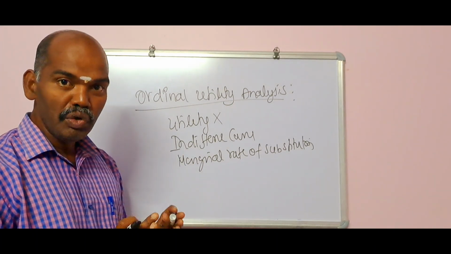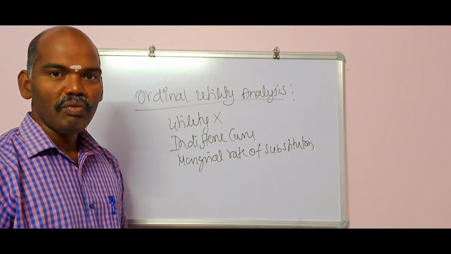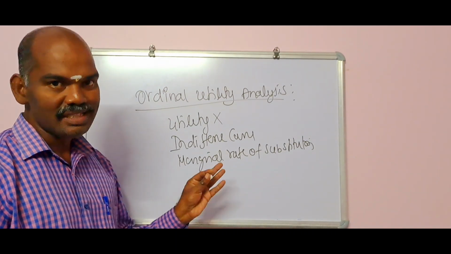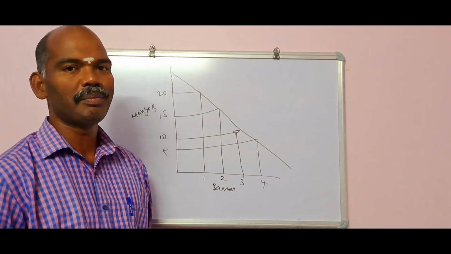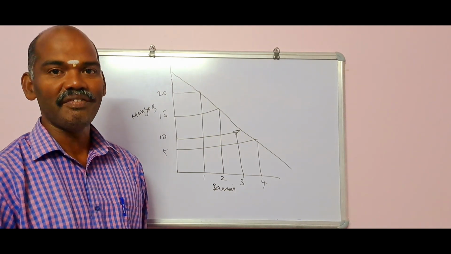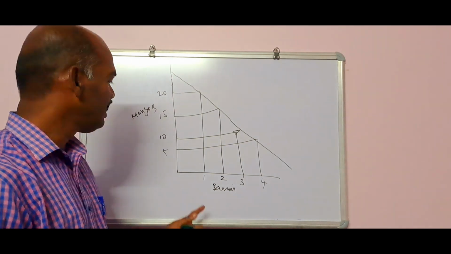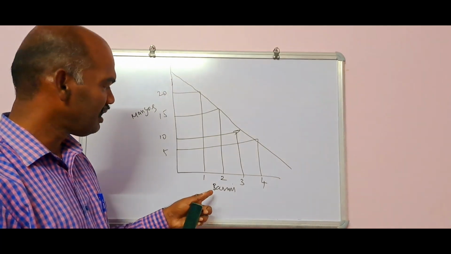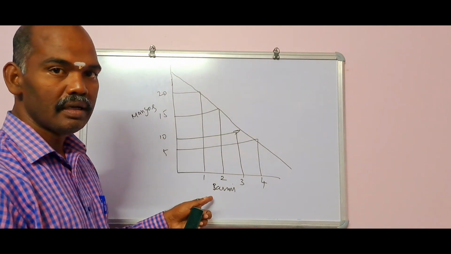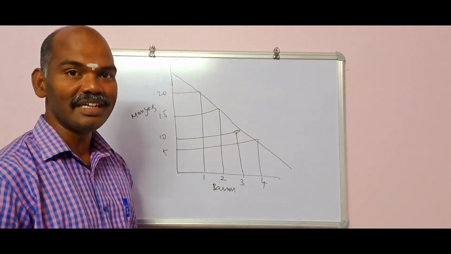Now I give you a diagrammatic representation of what I have explained to you. Possibly you will get a clearer picture about this theory. Well, this is the diagrammatic representation of the indifference curve. See, instead of two different things, here the names banana and mango are taken.